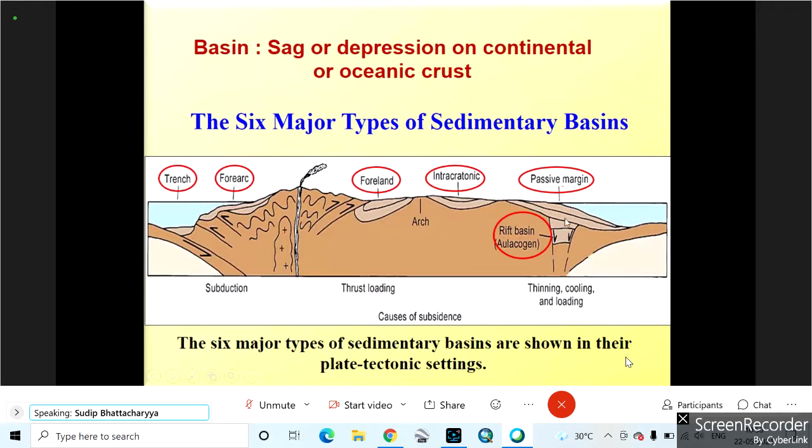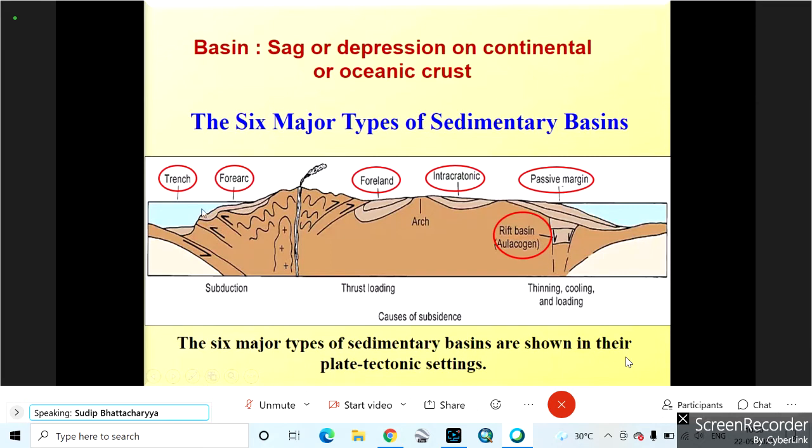So this is the passive margin, and within the craton itself some rift basins are there which are called aulacogen. Aulacogens are the failed rift systems. So in essence, there are six types of major sedimentary basins in our geological plate tectonic settings.